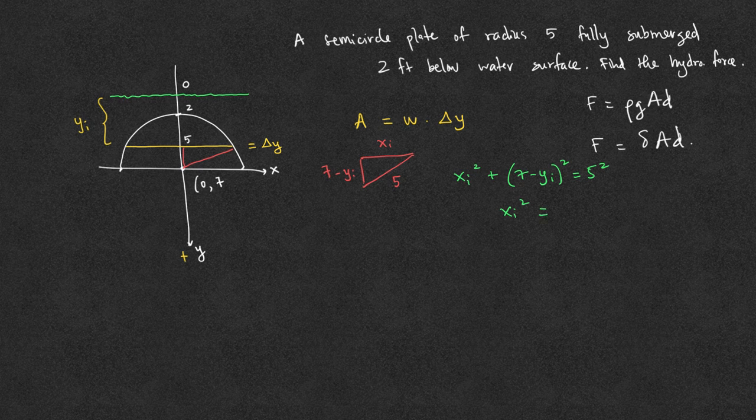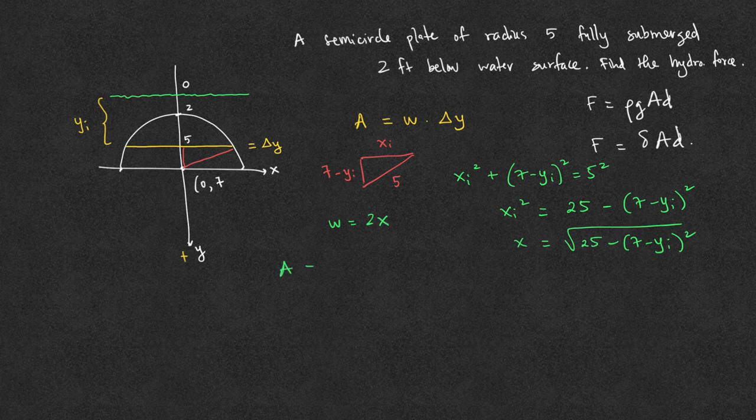x sub i squared is therefore 25 minus (7 minus y sub i) squared. And so x equals the square root of 25 minus (7 minus y sub i) squared. The width is twice this distance.